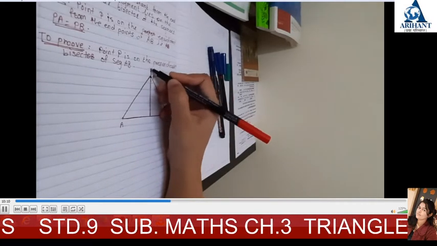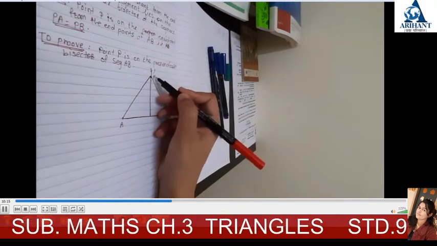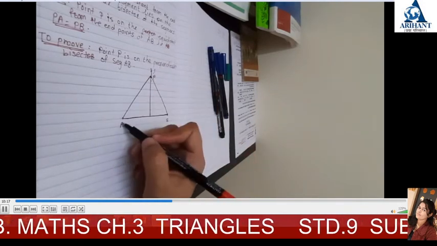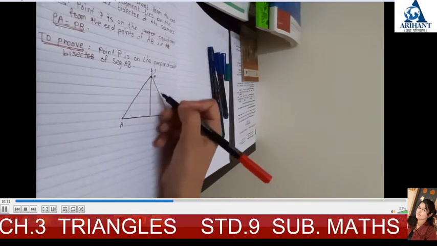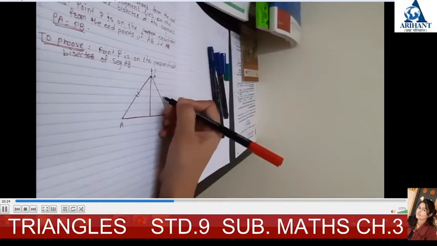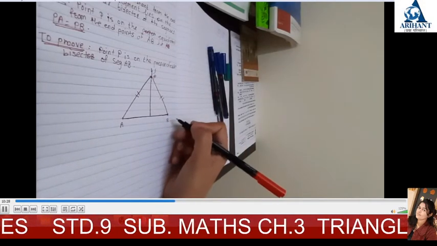P is any point on the perpendicular line of segment AB, and the distance of point P from the endpoints A and B is equal, which is given. That means PA is equal to PB, which is given.